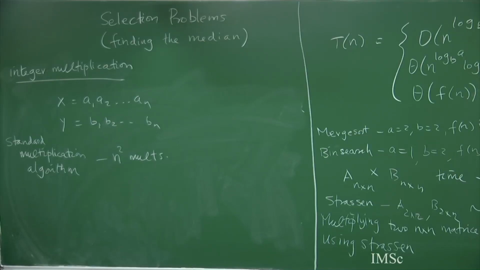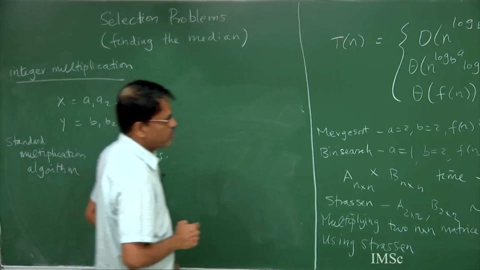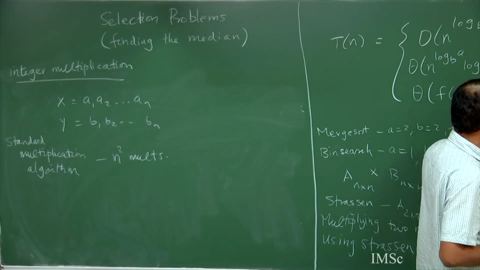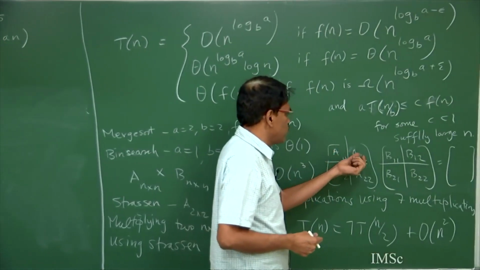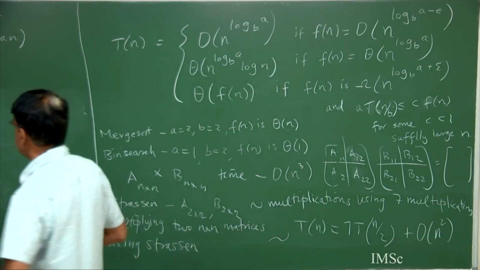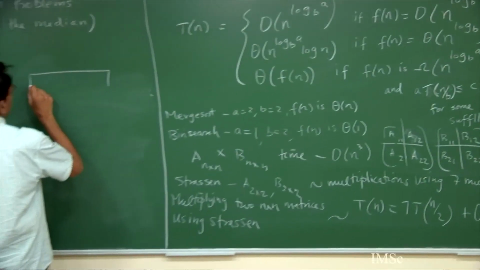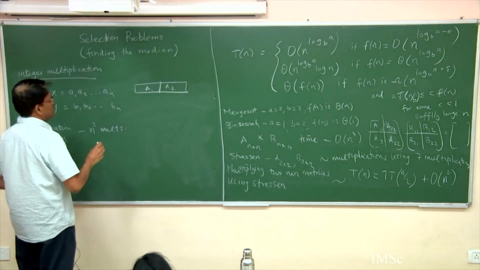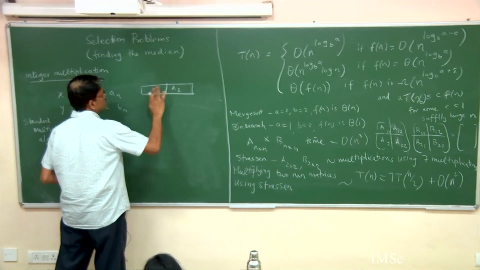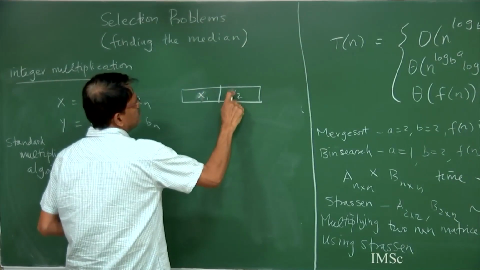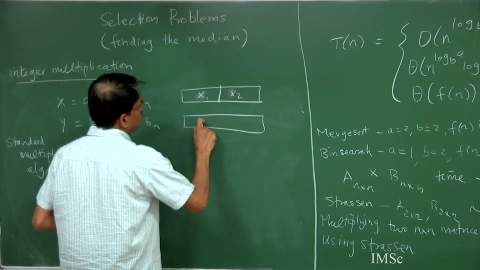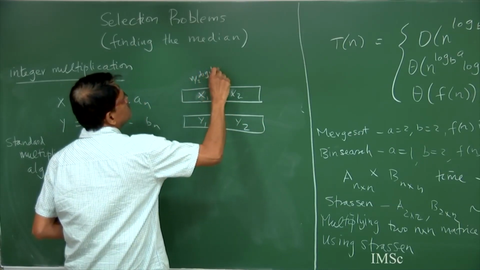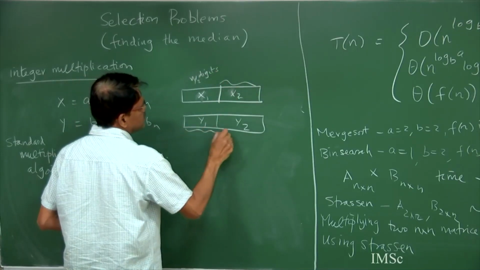So, how do I first visualize this? Well, like I did for matrix multiplication, I took two n by n matrices and divided my matrix into n by 2, n by 2, n by 2, n by 2 blocks. So, I can think of my x as x1, x2 and y as y1, y2. This is the first n by 2 digits, this is the next n by 2 digits and so on.